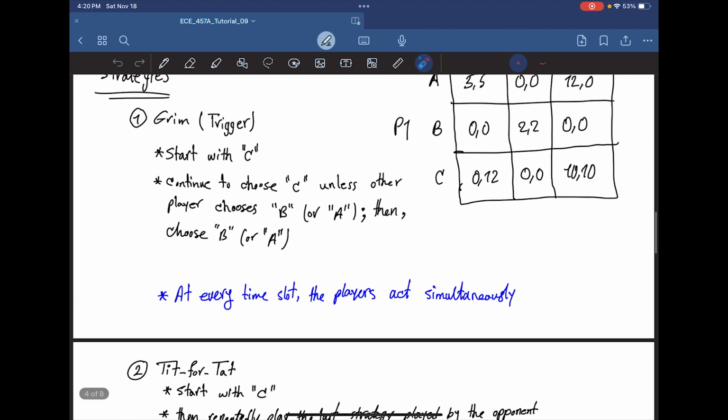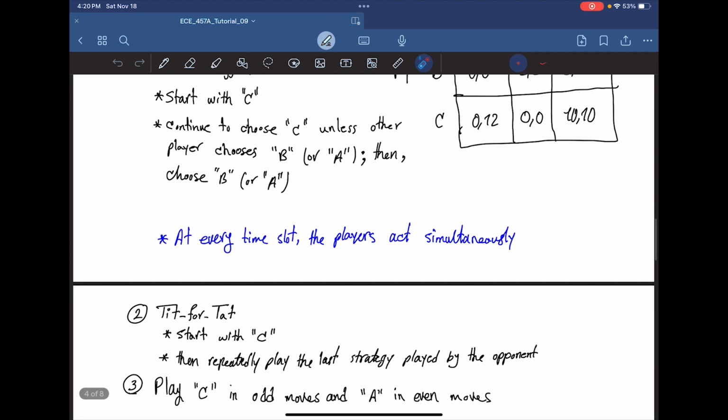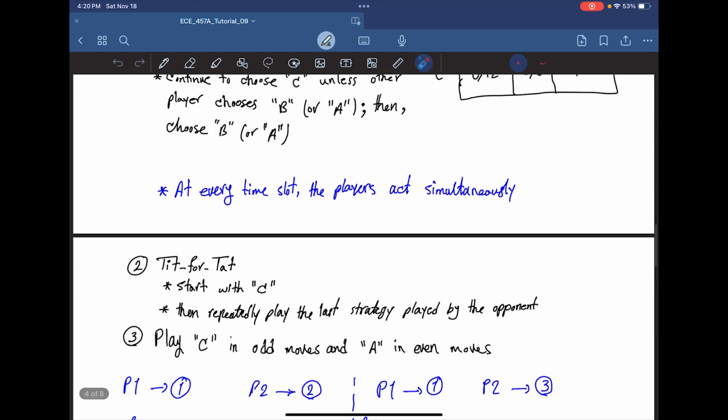The first strategy is Grim, also known as trigger, and the second is tit for tat. And we have another strategy that says play C in odd moves and A in even moves.